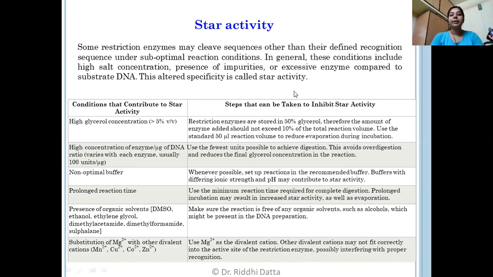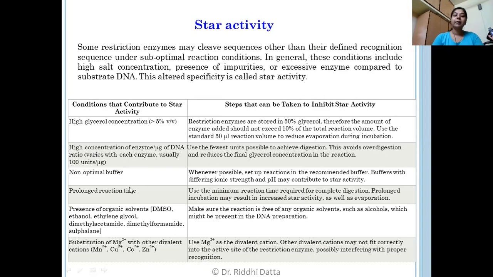Now, why do these enzymes exhibit star activity? One option is that we have used too high concentration of glycerol, so the optimum reaction condition is not maintained. The second thing can be high concentration of enzyme has been used, so the enzyme to substrate ratio is not maintained.